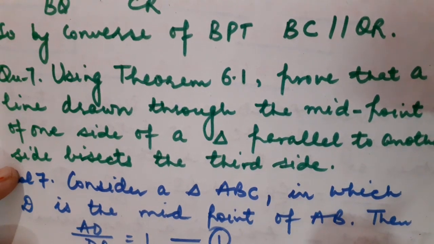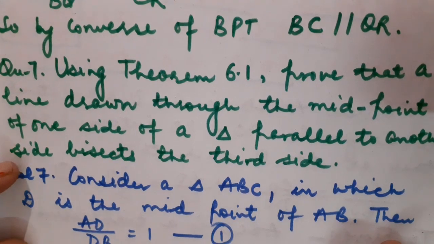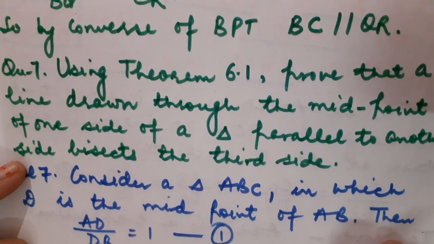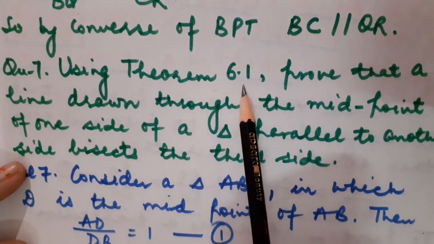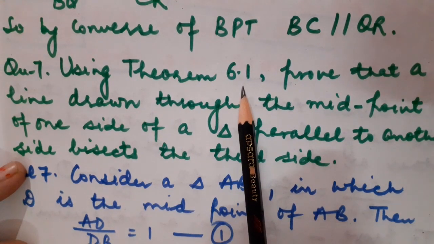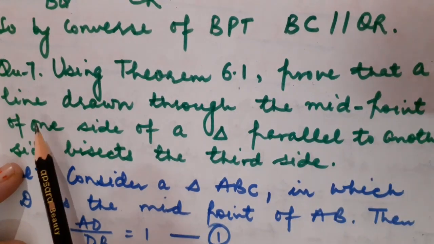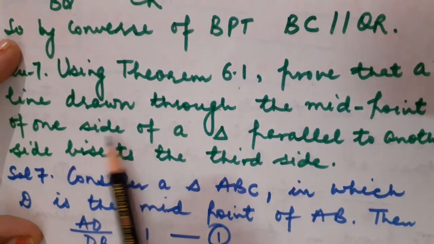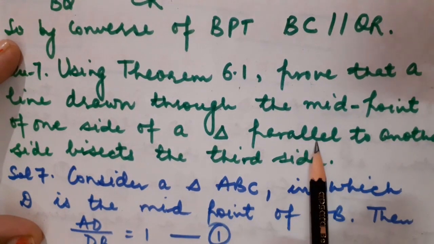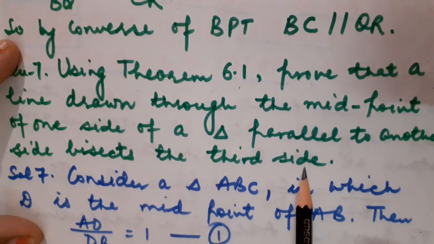Okay, now children, let us switch to the next question, in which we will learn the application of basic proportionality theorem. Okay, now using theorem 6.1, that is using basic proportionality theorem, or I can call it Thales theorem, prove that a line drawn through the midpoint of one side of a triangle parallel to another side bisects the third side.